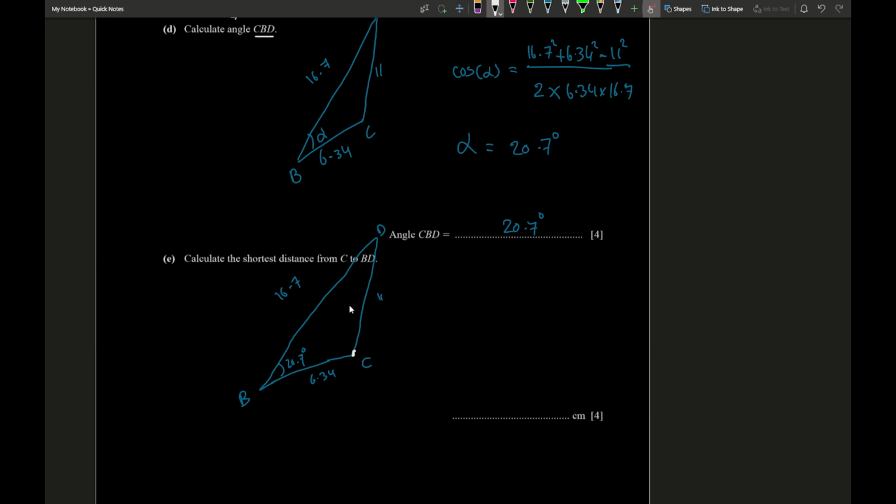If you think clearly for some time, the shortest distance would be the perpendicular line that connects BD and C, which is this.